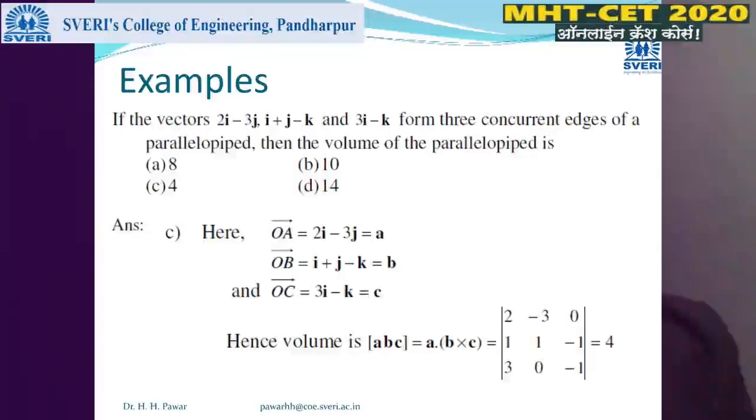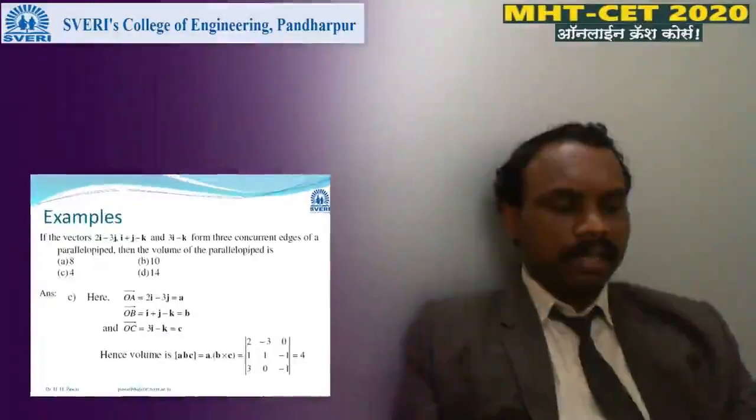After solving this, we get volume equal to 4, that is option number C in this case.